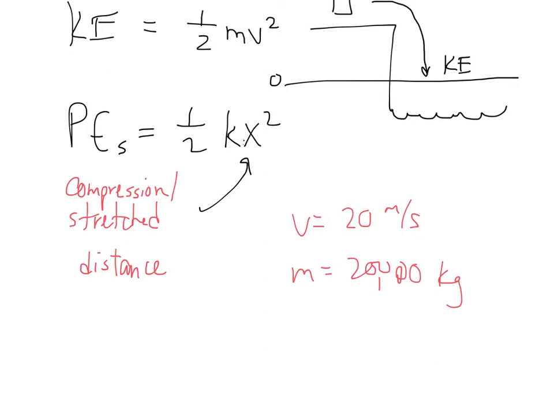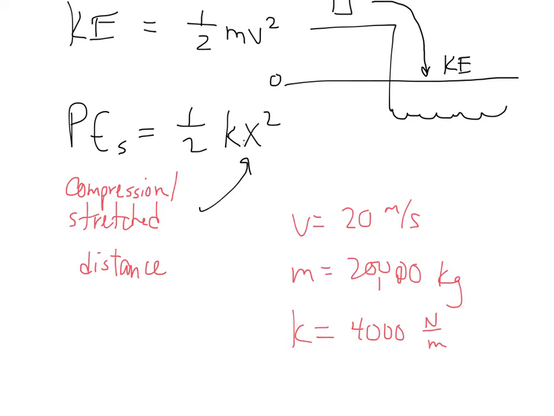And you know that the spring's K value is 4,000 newtons of force for every meter. I'm completely making these numbers up, so let's hope it comes out to be somewhat reasonable. And the question becomes, how far will the spring compress? Is this a feasible arrangement or setup? Okay, how far will it stretch or compress?